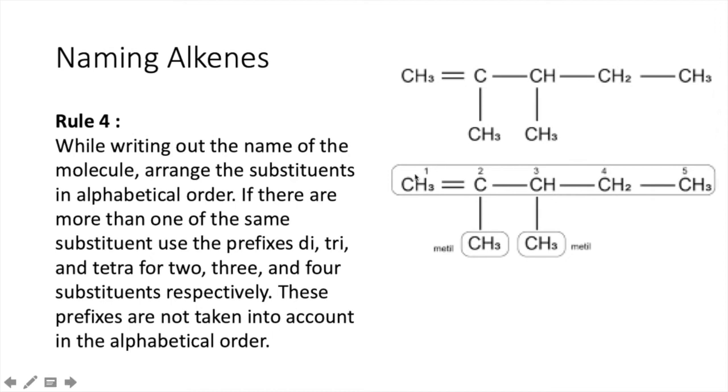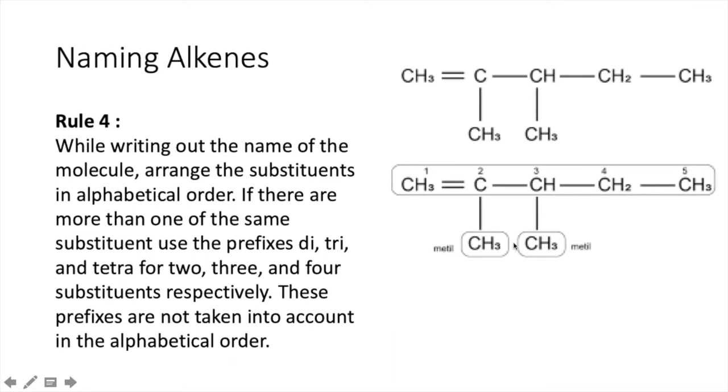The first thing we have to do is determine the longest chain. It has 1, 2, 3, 4, 5 C, and the double bond is located at number 1, and the substituents are located at C number 2 and C number 3. The name of the substituent is methyl.